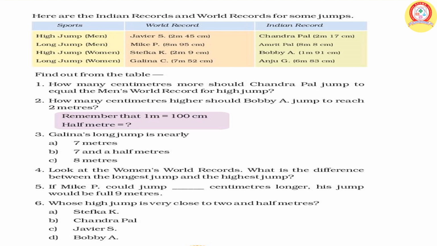Chandrapal's jump is 2 meters 17 centimeter and the world record for high jump is 2 meter 45 centimeter. So 2 meter 45 centimeter minus 2 meter 17 centimeter, we will get 28 centimeter. Chandrapal should jump 28 centimeter higher to equal the men's world record for high jump.